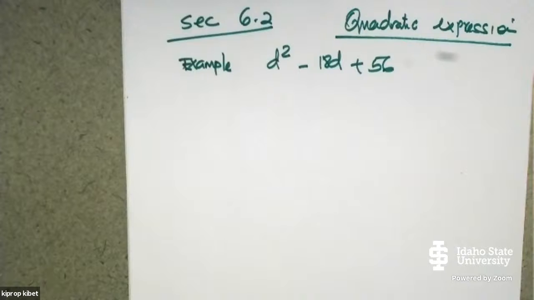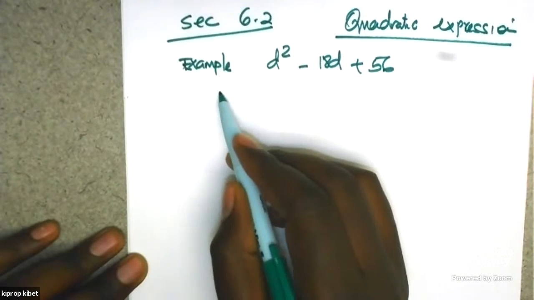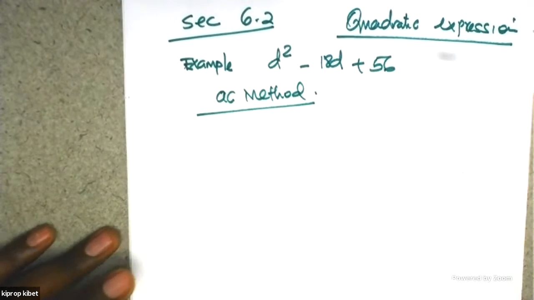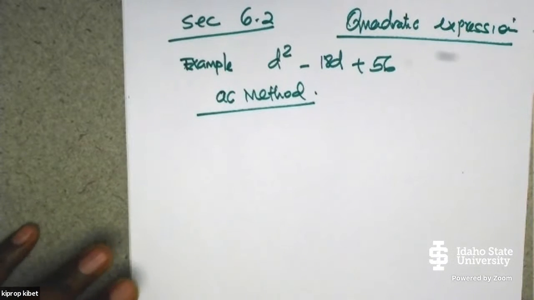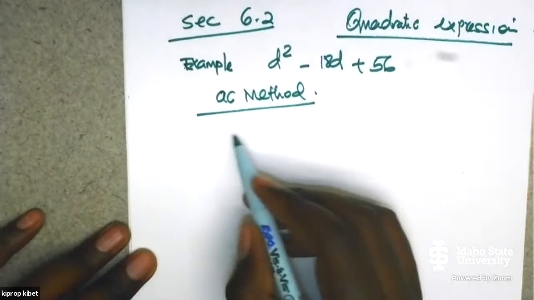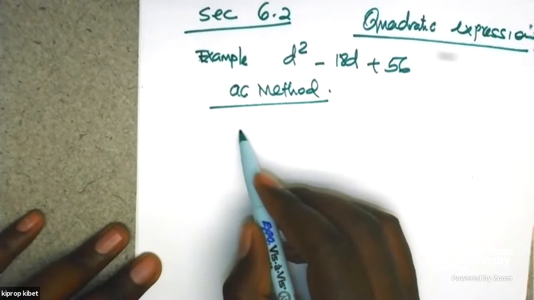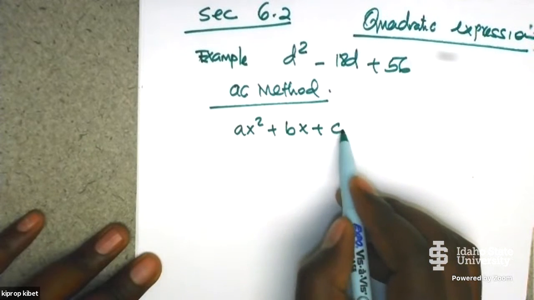Now, how should we solve this quadratic expression? Here, there is what we call the AC method. For example, we have the common quadratic form ax squared plus bx plus c.